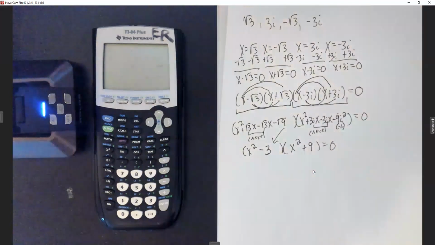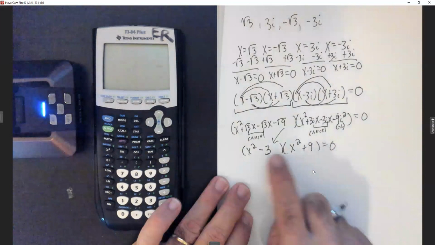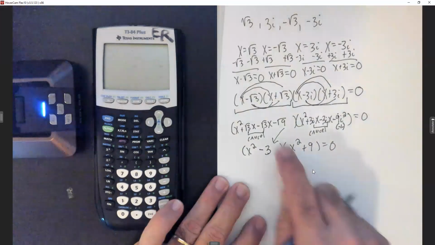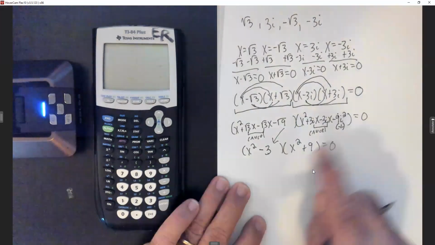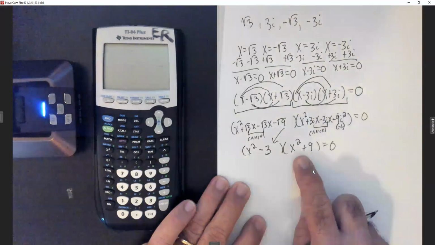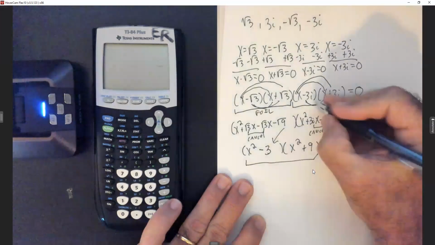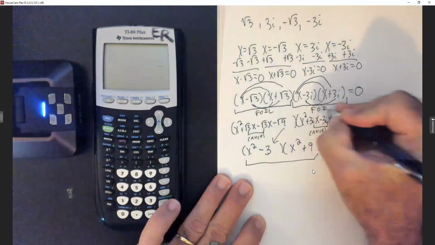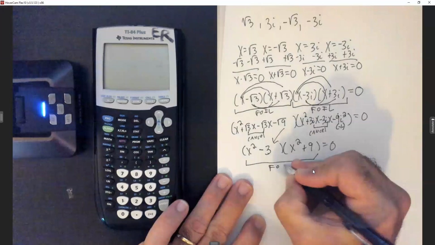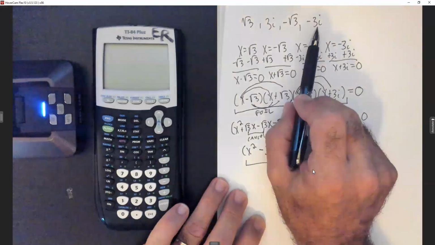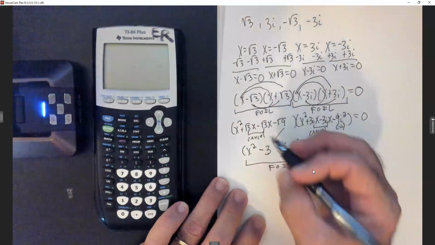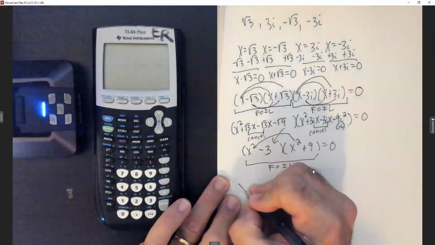All right, so now that I got rid of all the radicals, I got rid of all the imaginaries, I'm going to FOIL this and get my last answer. So we were FOILing here, in here, and now we're going to FOIL here. So notice I got 4 zeros. When I'm done, my highest exponent will be x squared times x squared, which is x to the 4.